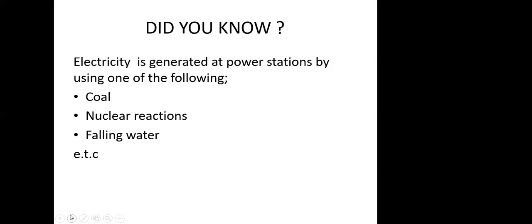So electricity is generated at power stations by using any of those things. We can have nuclear power plants where nuclear reactions are the source of the energy. There is where they use coal or oil to generate heat. That heat helps in running the generators that thereafter generate the electricity that we use. Then we all know hydroelectric power.